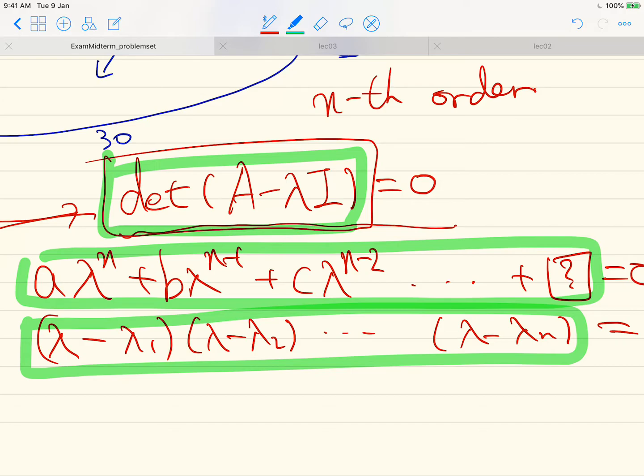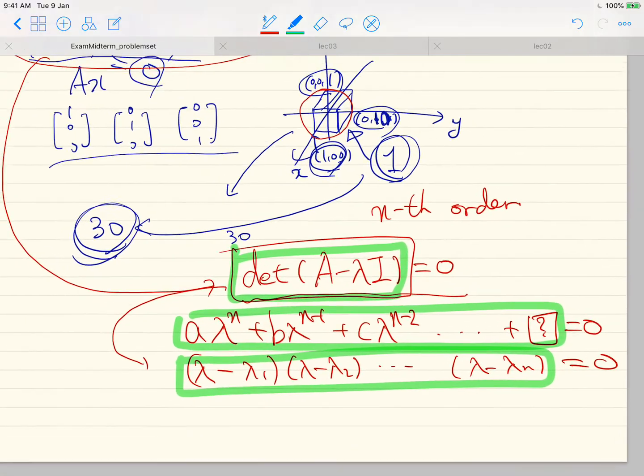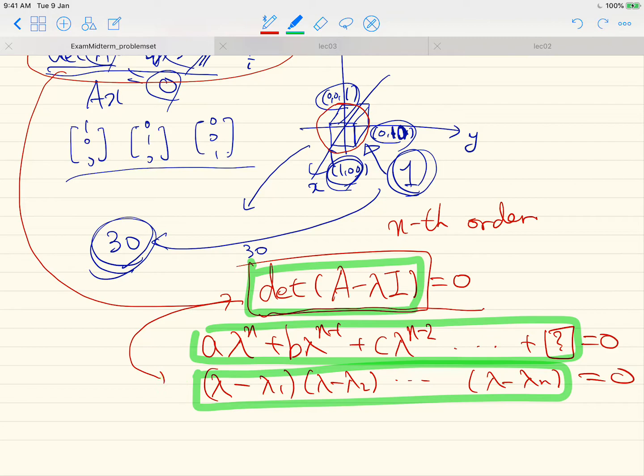So when comparing these two equations, they are the same, right? This is the result of the factored form of the first one, right?